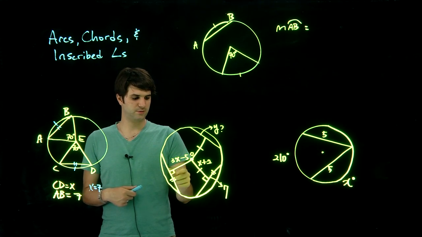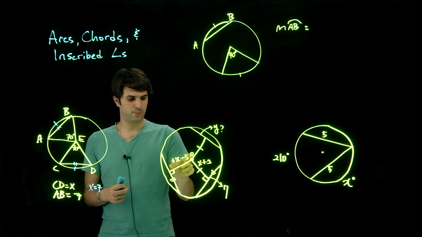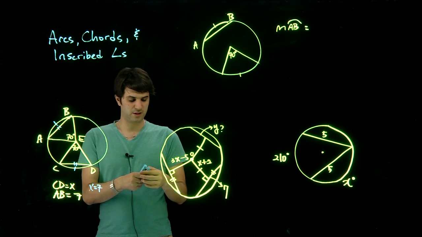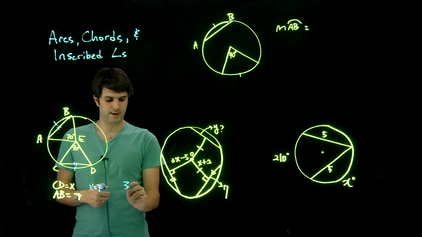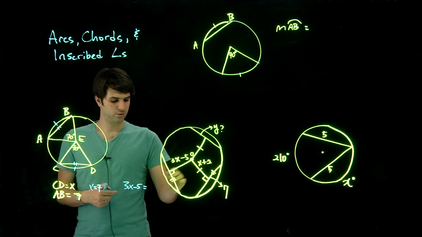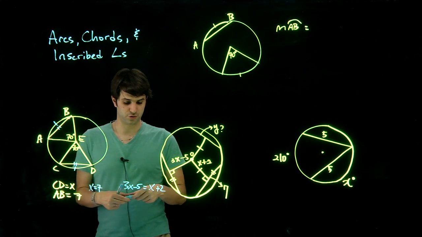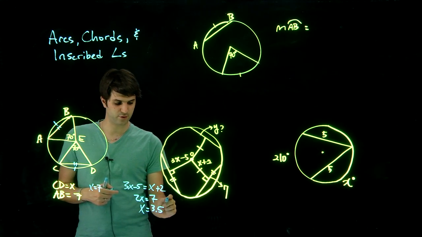Since the distance from the center is perpendicular, and these are congruent chords, then that distance must be the same. So 3x minus 5 equals x plus 2. If that's true, then 2x equals 7, so x equals 3.5, or 7 over 2.